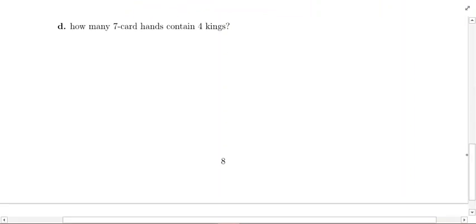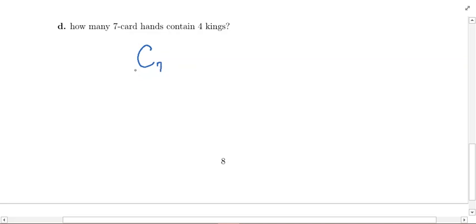All right, let's try another one. Now we're going to bump it up to 7-card hands. We want to know how many 7-card hands contain 4 kings. Again, I'm going to do what I've been doing with these other examples. We know we're being dealt a hand of cards, so it's going to be a combination. We're being dealt a hand of 7 cards, so that's going to be our R value.